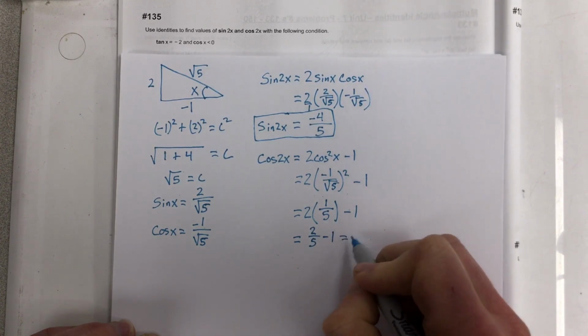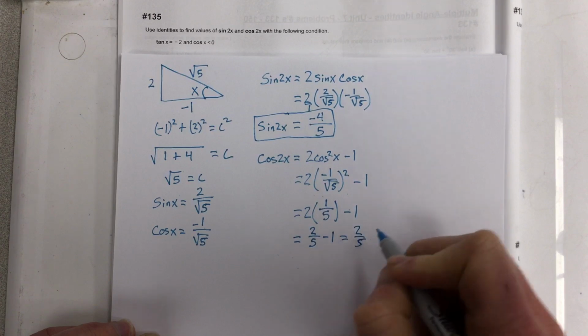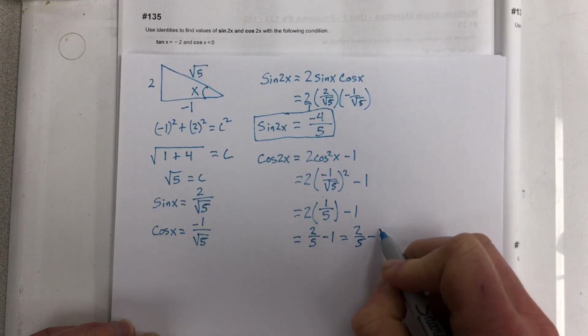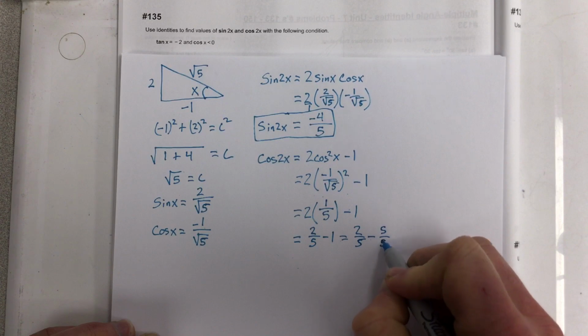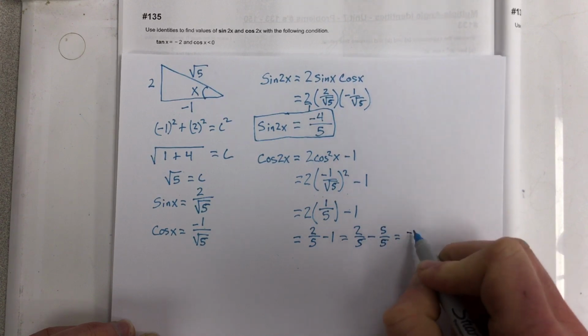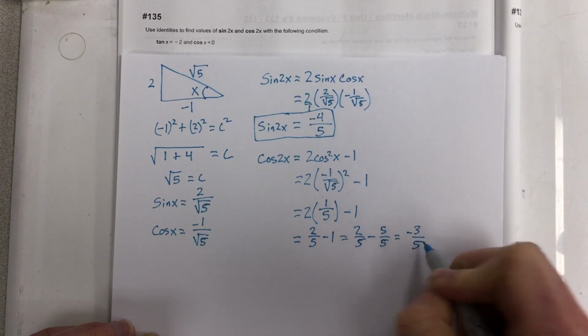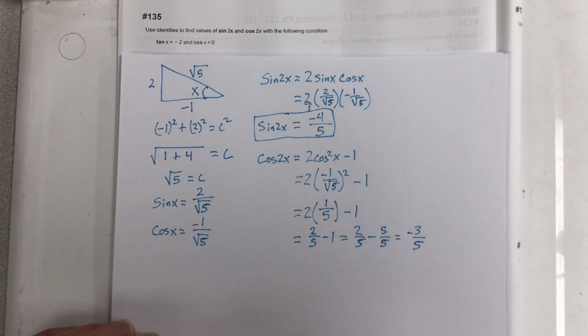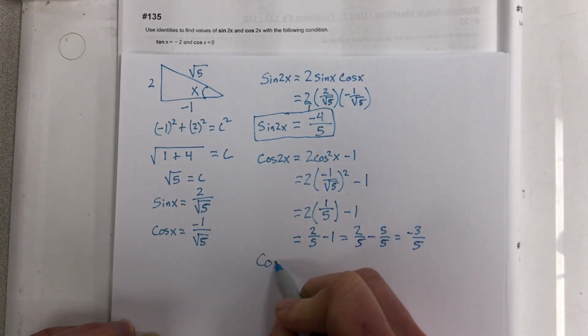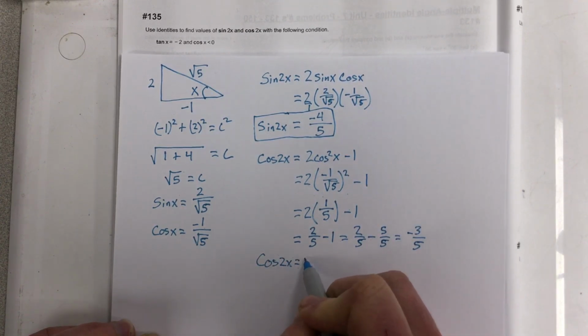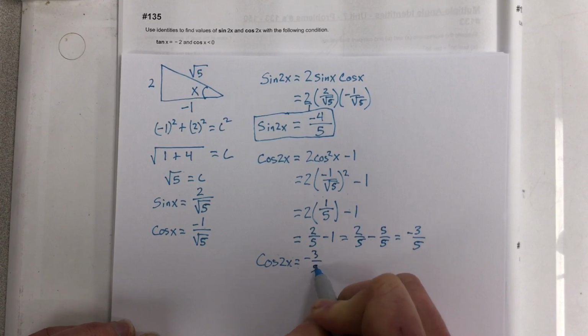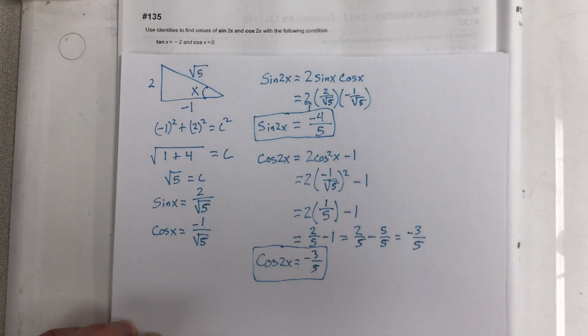I find a common denominator, I get 2/5 minus 5 over 5. So I get -3/5. So then I can say that cosine 2x is equal to -3/5. And I found both of the double angle ratios for sine and for cosine.